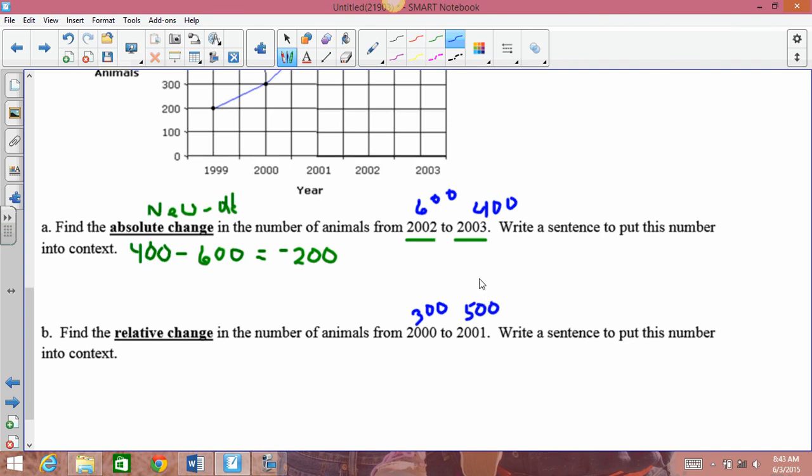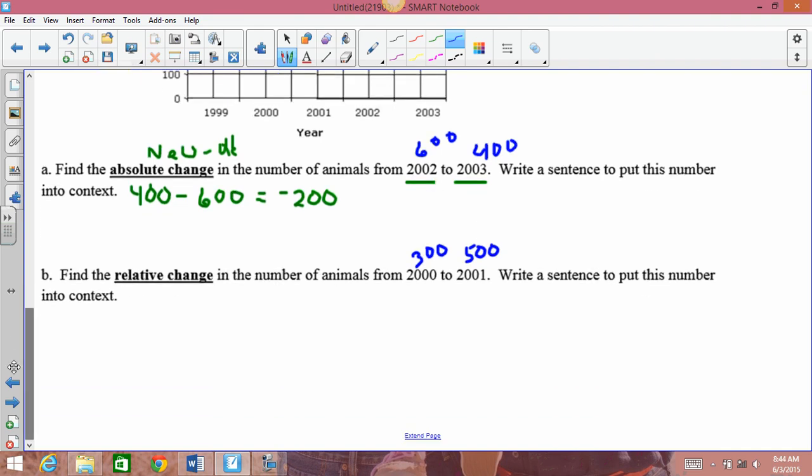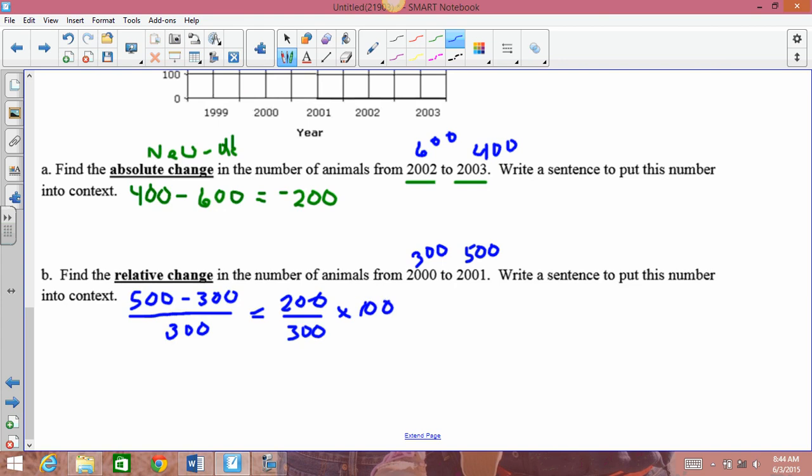So the new amount would be 500 animals. 500 minus the old amount of 300, divided by that old. Well, that's 200 divided by 300. I'll multiply by 100, since I'm trying to find a percentage.